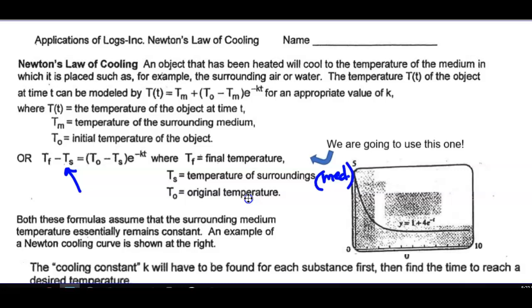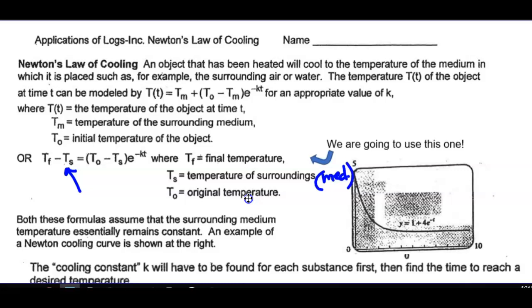The pizza itself doesn't cause the room temperature to change. Your oven might, but the difference would be if I took a mug full of cold ice water and threw a hard-boiled egg just out of boiling water into that cup of cold water. It's a small enough medium or surroundings that it would actually change the temperature of the water. So this kind of ignores that.